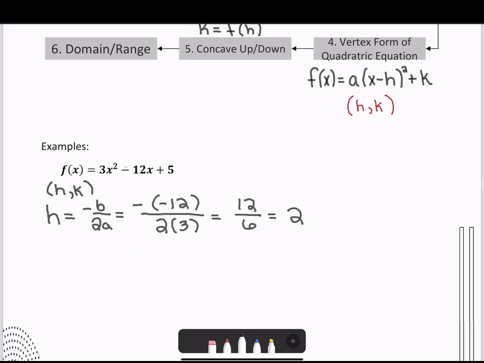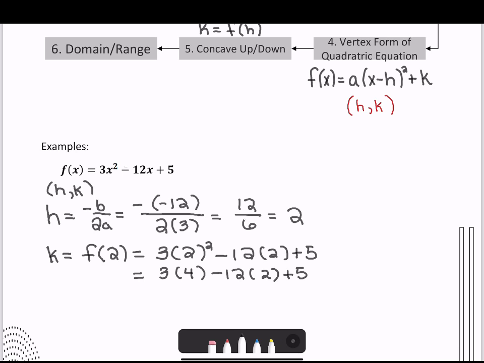All right, so I got 12 minus 24 plus 5. So your final answer is going to be negative 12. There'll be negative 7, right? No. Yeah, negative 7. I just want to make sure, because that'll be negative 12, and then negative 12 plus 5 is negative 7. Okay, so your vertex is 2, negative 7.